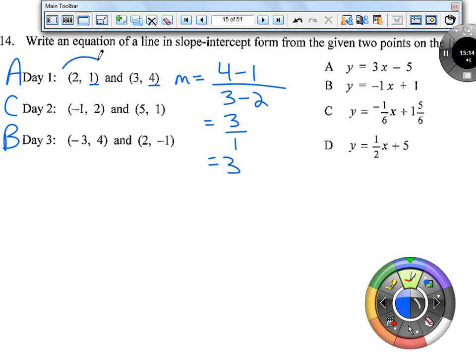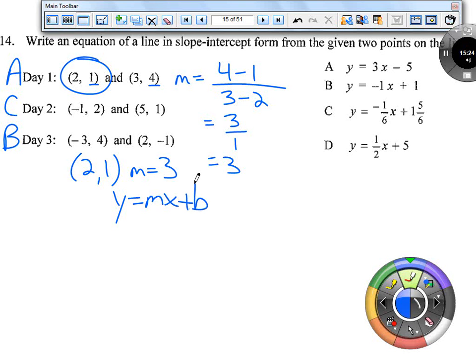Then choose one of those 2 points that you want to use. We're going to use the point 2, 1, and the slope of 3. Start off with y equals mx plus b. This is one way to do it. We plug in a 1 for the y, a 3 for the slope, 2 for the x, and then try to figure out the b.